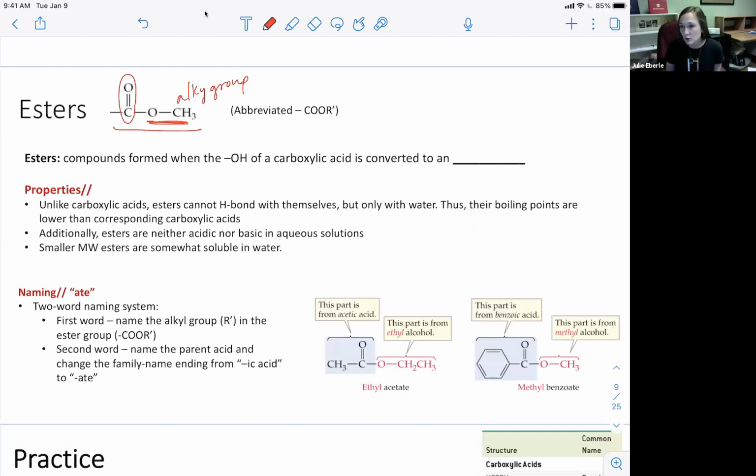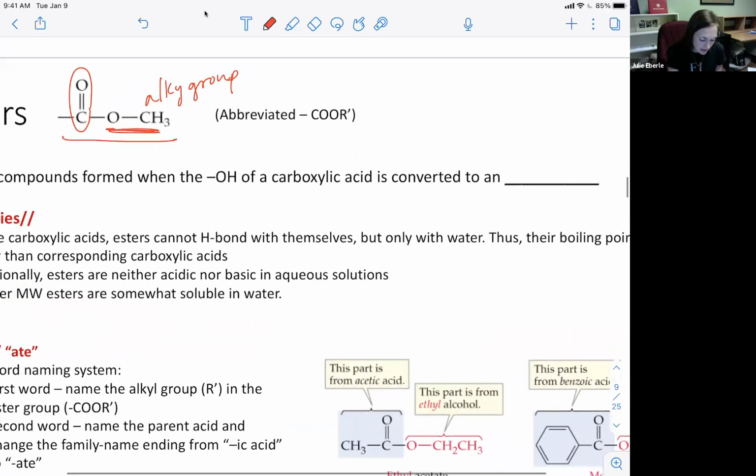But as long as you have some sort of alkyl group on the other side of this carbon-oxygen bond, that is an ester, and that other oxygen is bonded to a carbonyl carbon. We abbreviate this CO, that's the carbon-oxygen double bond part. And then the OR is how you know it's an ester. The R stands for the alkyl group, some sort of carbon substituent.